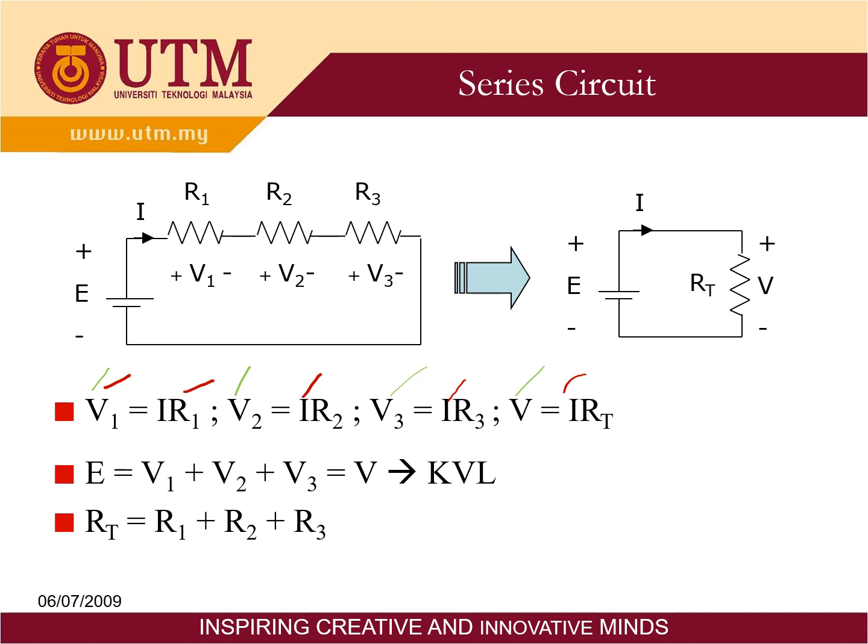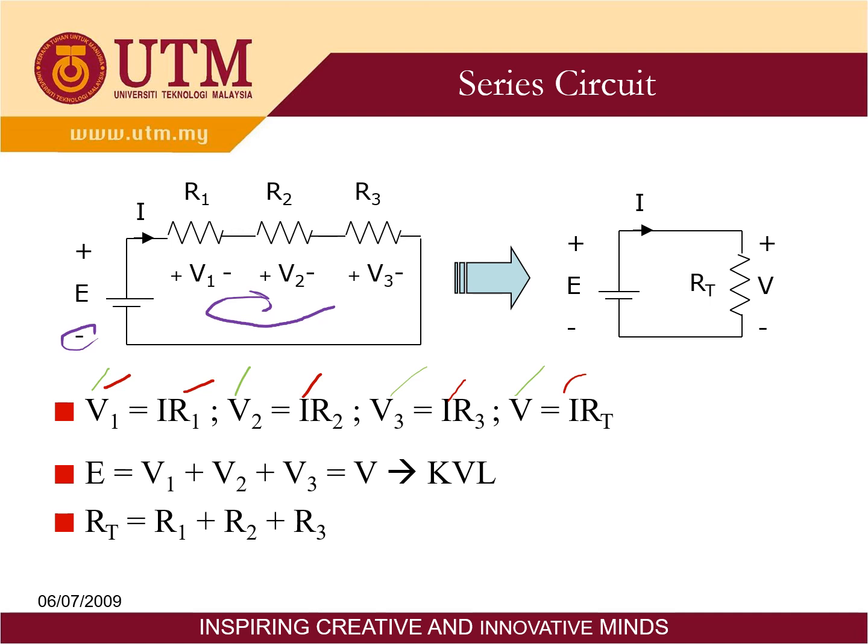Now we use Kirchhoff voltage law. We make a loop here. When we make the loop, you can see negative is put at this side and positive at the other side.